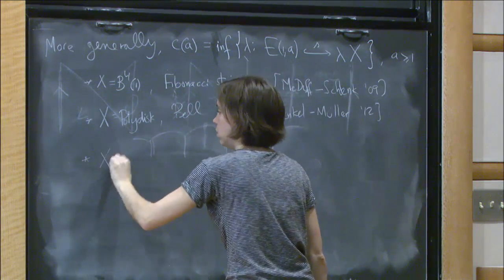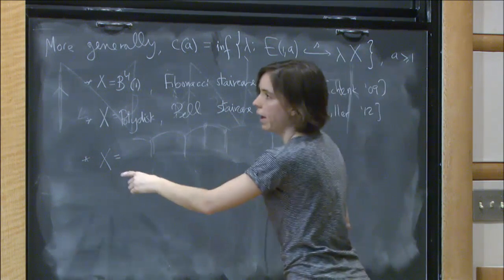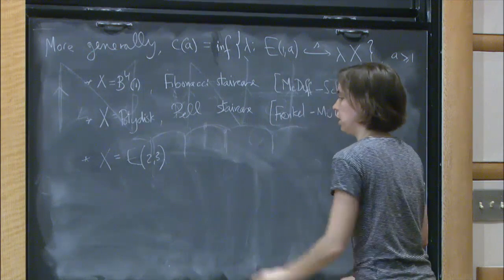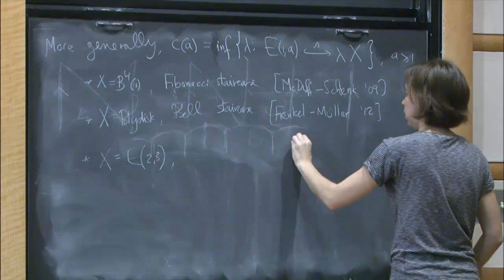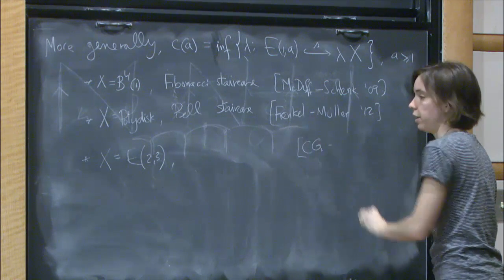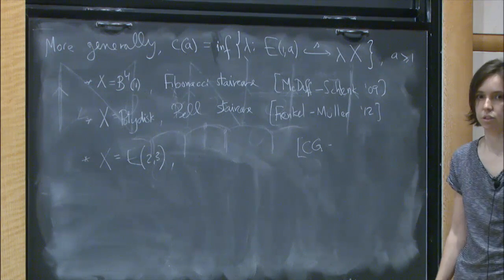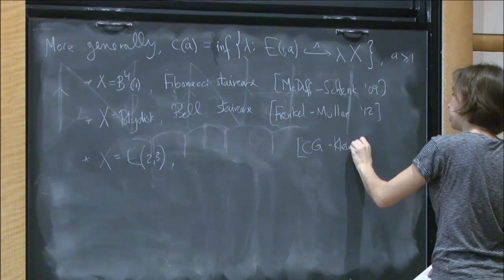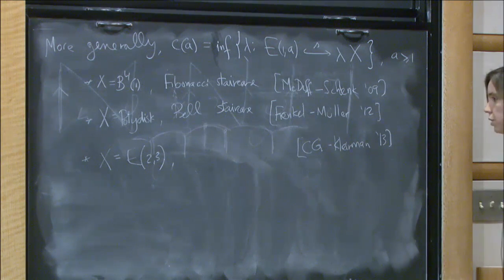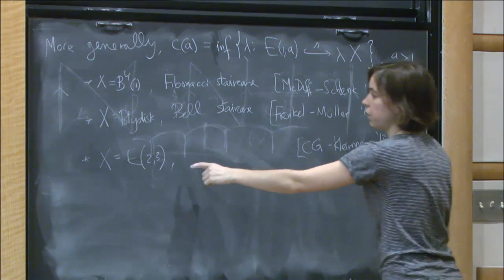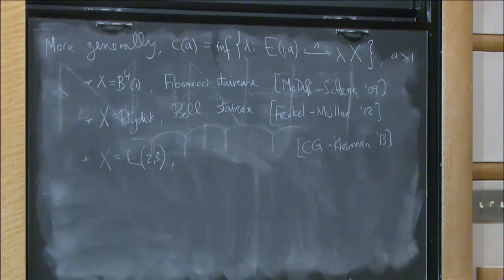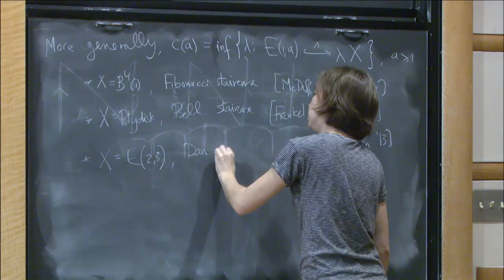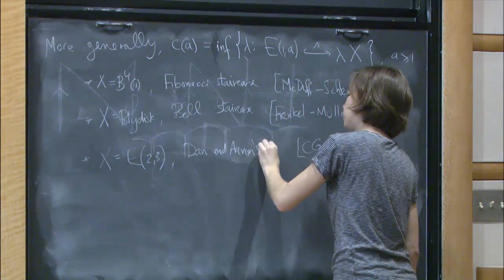It has also been studied when X is an ellipsoid, but a very specific ellipsoid, E(2,3). This was studied by Dan Cristofaro-Gardiner, whose name is really long, so I'm going to write CG, and Aaron Kleinman in 2013. The recursive sequence that shows up in the corners does not have a name, so I'm going to call it Dan and Aaron's staircase.